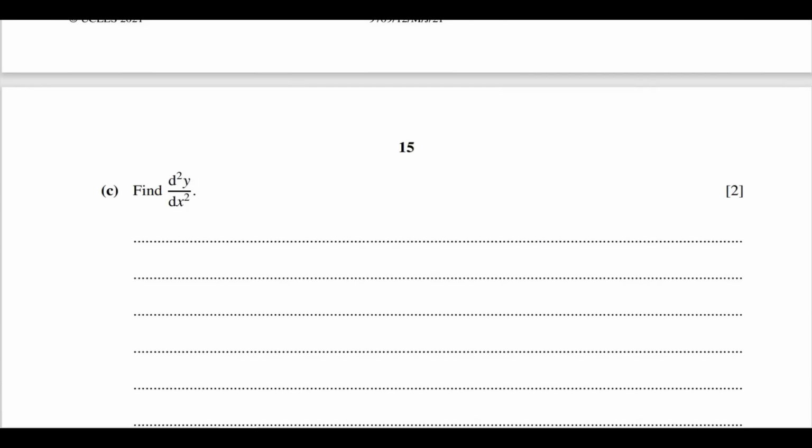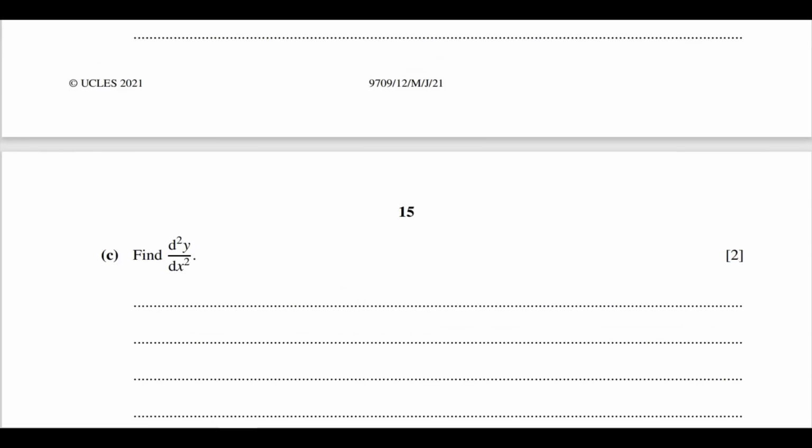Next part of the question is find d square y by dx square. d square y by dx square equal to 6 multiplied by 3 multiplied by (3x − 5) the whole power 2 multiplied by 3, minus 3 over 2.